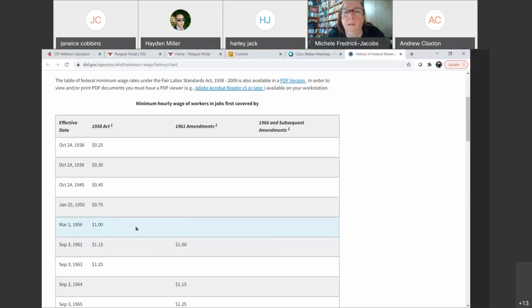Okay. I took a couple problems from last year's exam, but it says using the federal hourly minimum wage, find each. The hourly minimum wage for July 24th, 2007.